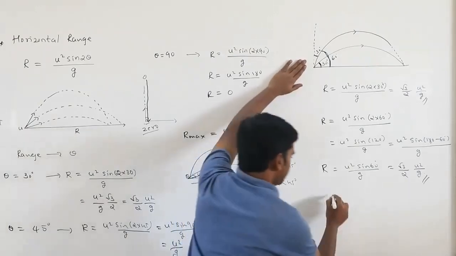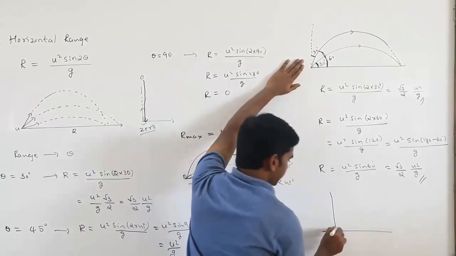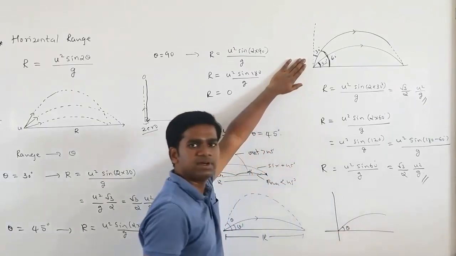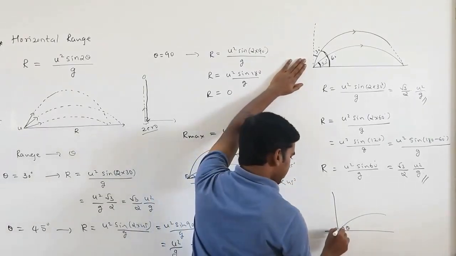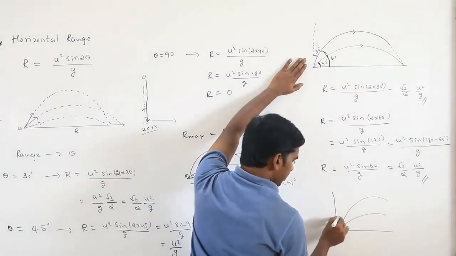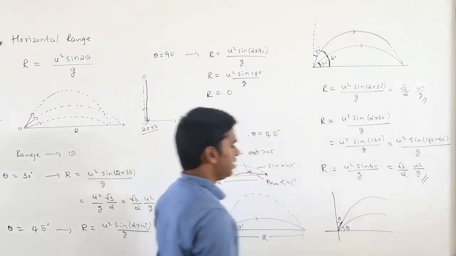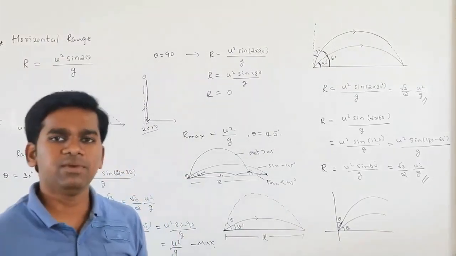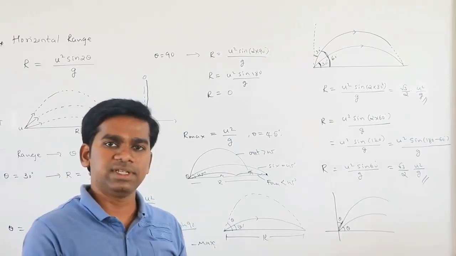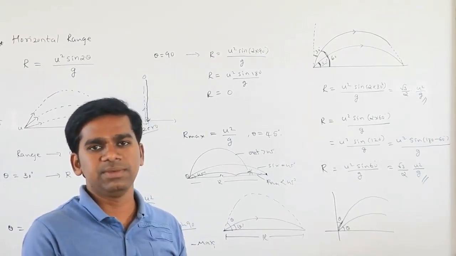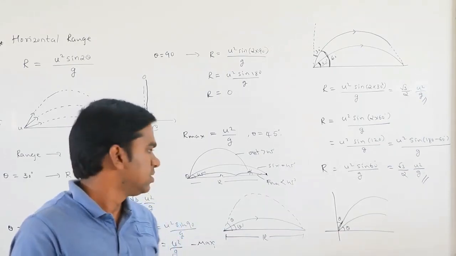So what I mean to say is, if here it is theta, what about this angle? If vertically also it is theta, then we can say that they are reaching the same horizontal plane. Means if the angles made with the horizontal and with the vertical are the same, then the range will be the same.